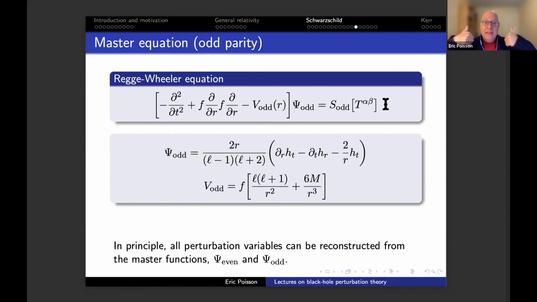But because of the existence of that transformation that takes one equation into the other, in fact, the modes for the even parity sector coincide with the modes for the odd parity sector. The way that's usually described is to say that the modes are isospectral. But bottom line is that you don't have 2 sets of modes, you only have 1 set of modes because of that intimate relationship between the 2 wave equations.